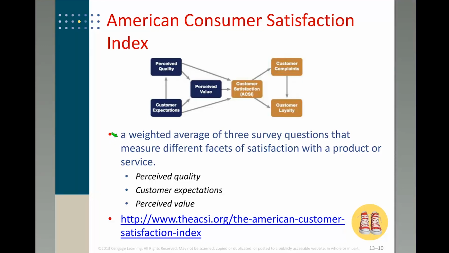So they survey customers and ask them to evaluate their satisfaction based on 3 aspects: perceived quality, consumer expectations, and perceived value. After that, they give different weights to these 3 aspects. Then they calculate this index to measure how satisfied a consumer is with a particular product or a particular brand.